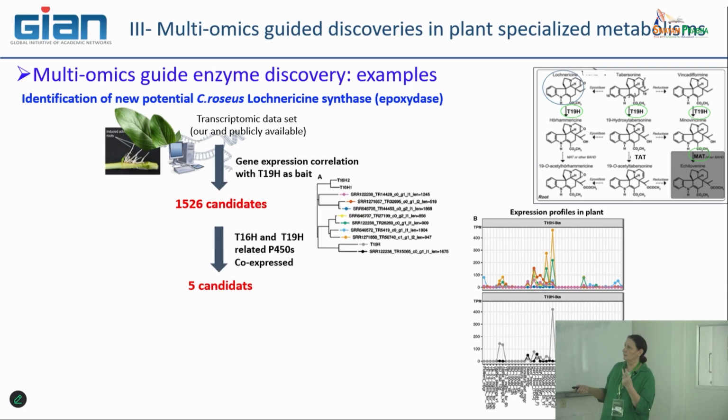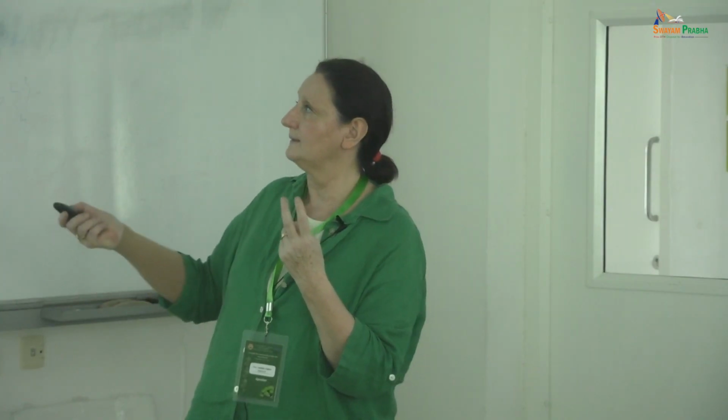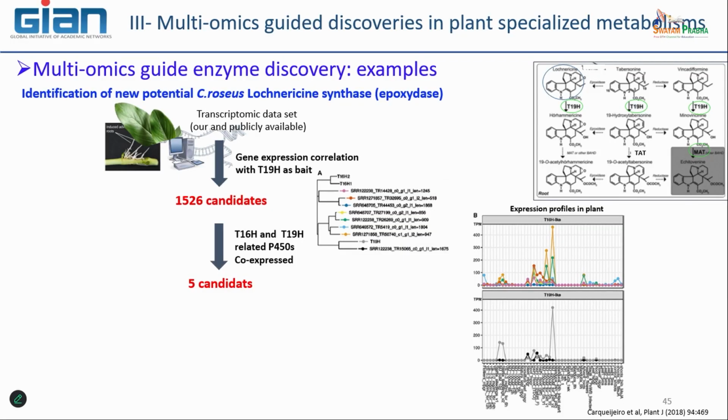This means this particular enzyme that occurs here, and this one too, that is a related P450, co-expressed normally with this type of enzyme. We have observed that in fact in several other Apocynaceae, this hydroxylase that is not present at this moment in Catharanthus roots could also be interesting to study as a co-expressed protein.